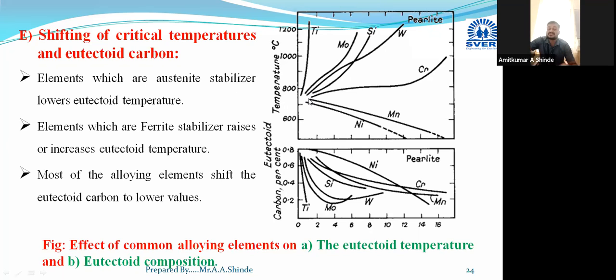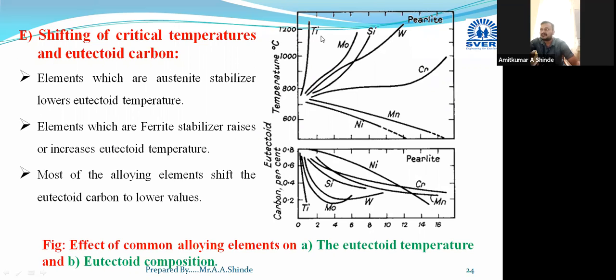Already we have discussed this in the classification point: austenite stabilizer and ferrite stabilizer. We have discussed that ferrite stabilizers increase the eutectoid temperature, the A1 temperature or A3 temperature. Please read point number 2. When austenite and ferrite stabilizers are added into the steel, what will happen? It will raise or increase the eutectoid temperature.